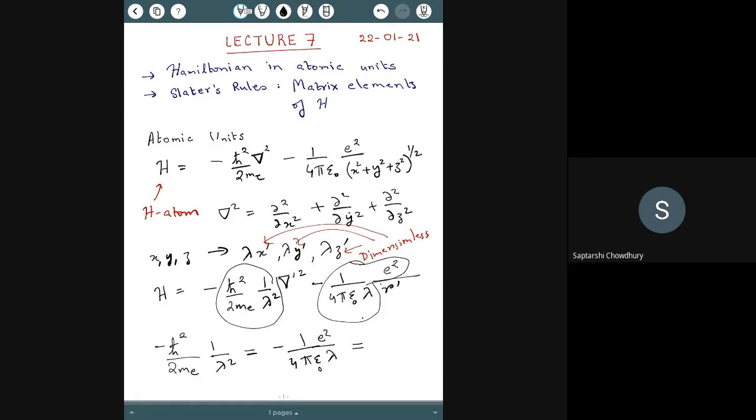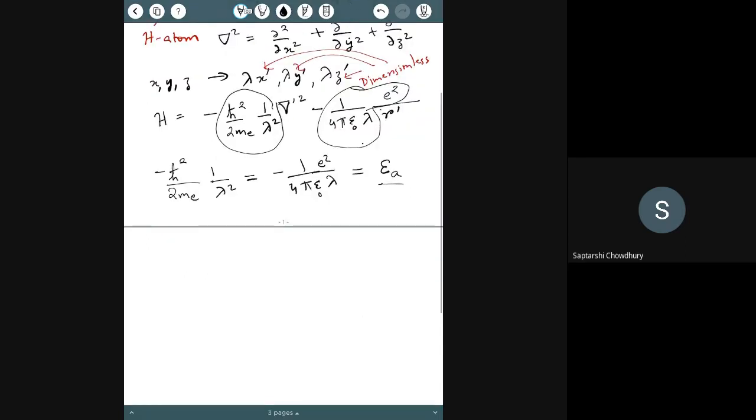I will denote this constant by something that looks like an energy, epsilon, and I call this a conversion factor to atomic units for energy. At this point, of course, we don't know that this is exactly the conversion factor of the energy from SI units to atomic units, but we can call this some constant. I'm just using this notation to make it clear later on.